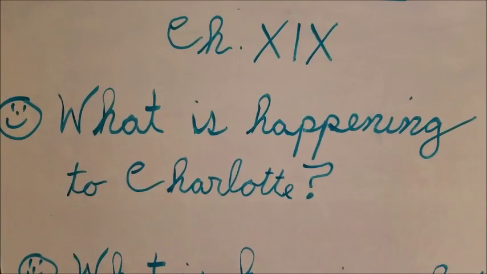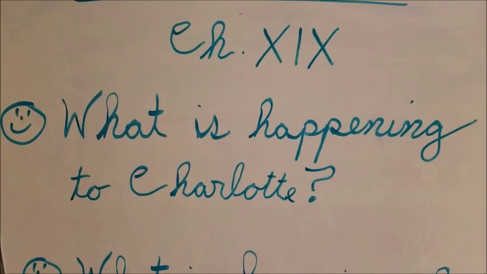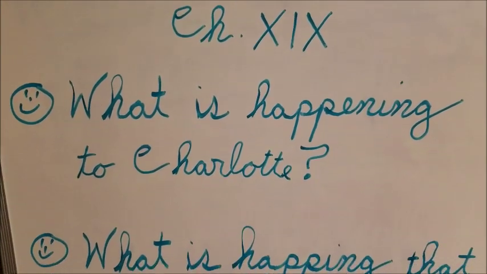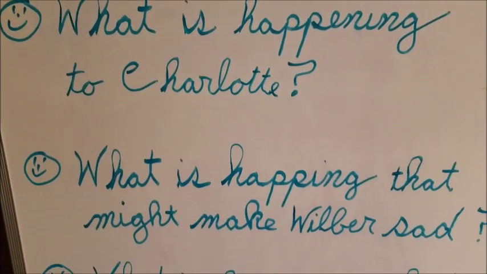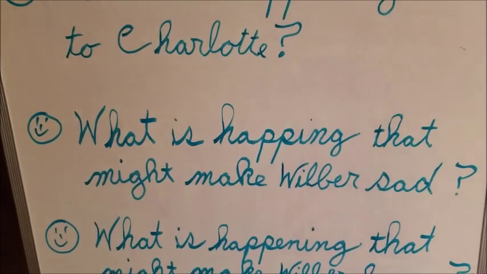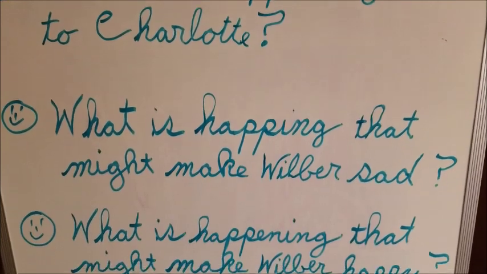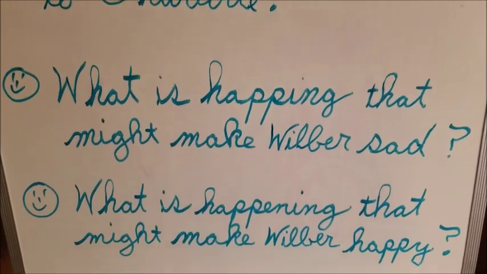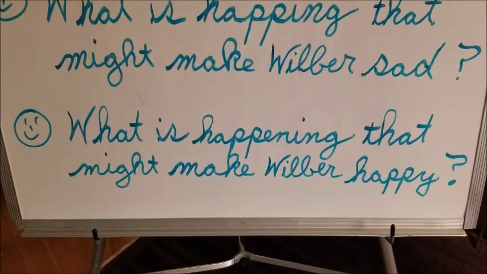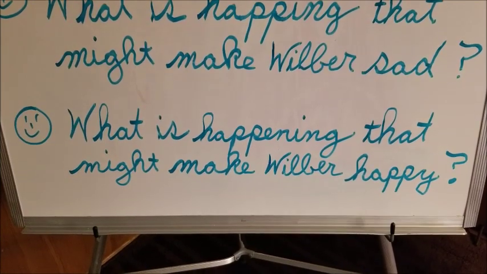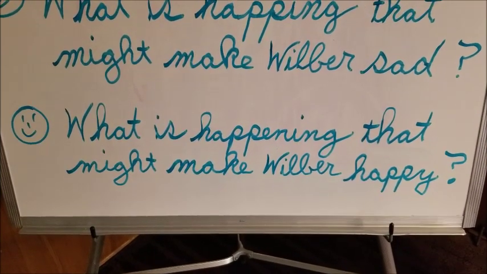She's changing. Fern is changing. Wilbur is changing. How is Charlotte changing? What is happening that might make Wilbur sad in this chapter? And what is happening that might make Wilbur happy in this chapter?